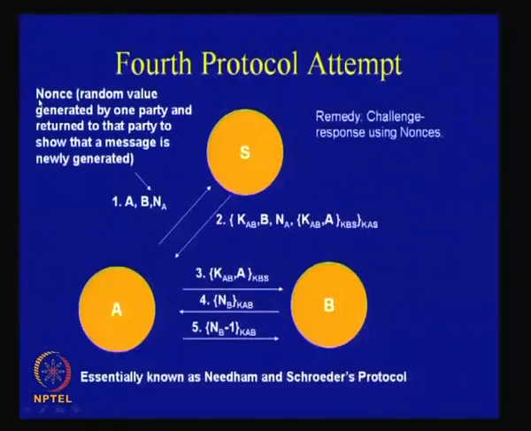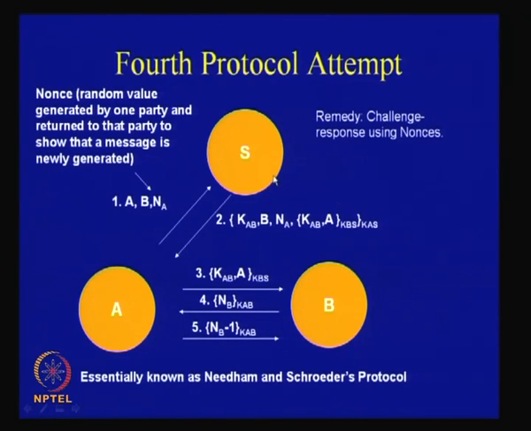There are various other methods, but the idea is that a nonce is generated, which is a random value generated by one party and returned to that party to show that a message is newly generated. So what may happen is that A sends to S: A, B, NA. Previously it was A comma B, now we have added a fresh nonce NA.